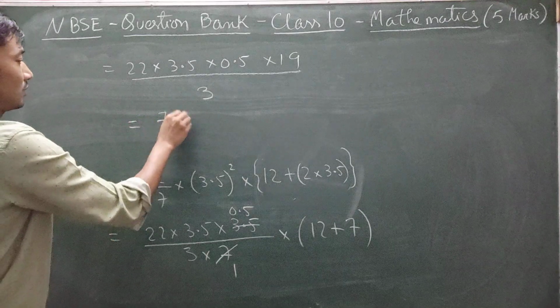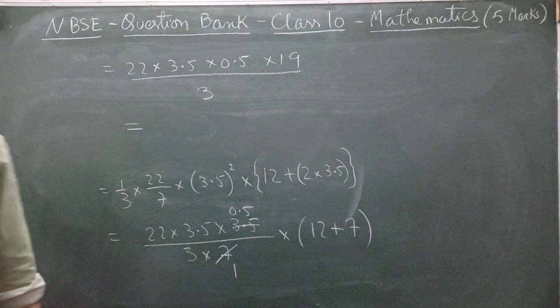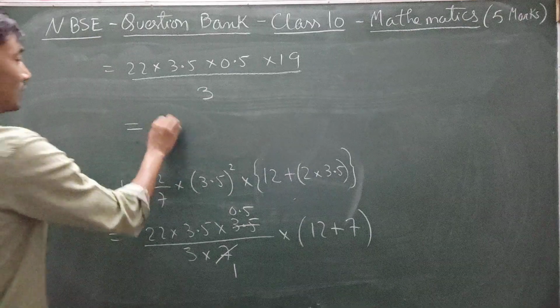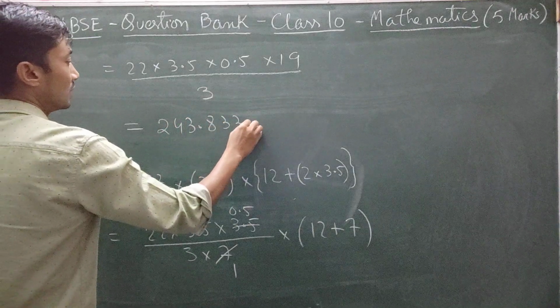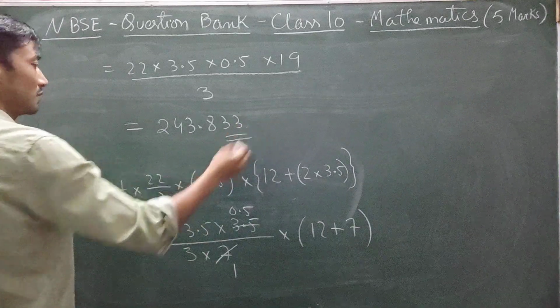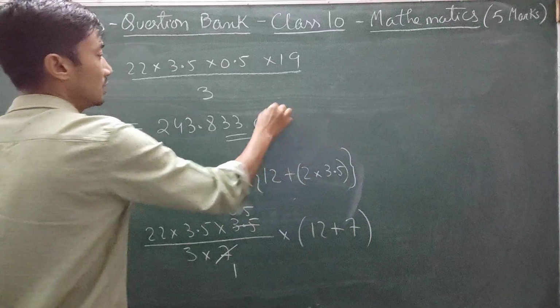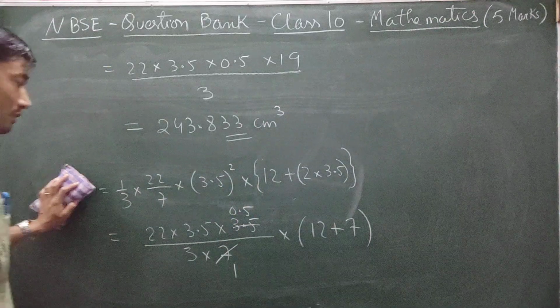I have already calculated this. So this calculation you can just do, that will be 243.833 and so on. You can just leave it there, centimeter cube. Alright, so this one you can just multiply and divide. I hope you can do that just to save some time.